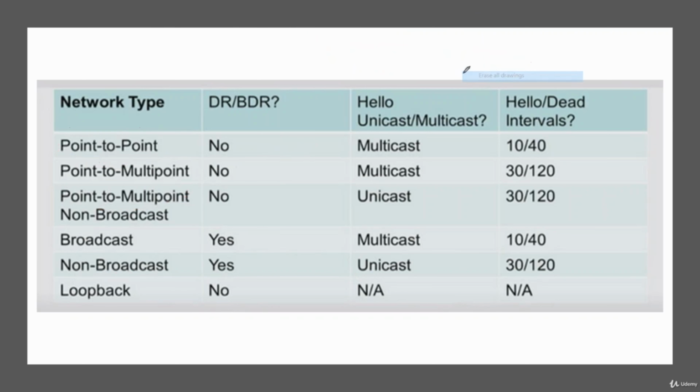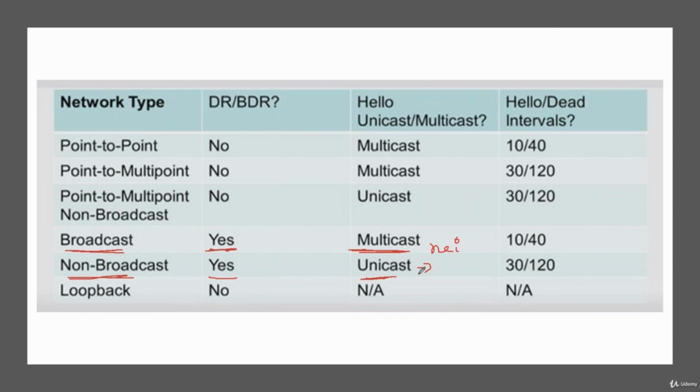Now again, if you check the nature of broadcast and non-broadcast: if it is broadcast, that means the DR/BDR selection will happen and the neighbor will form automatically. You don't have to write a manual command to form the neighbor relationship. Correct? But if it is non-broadcast, and DR/BDR is forming, you can see that the hello is unicast.